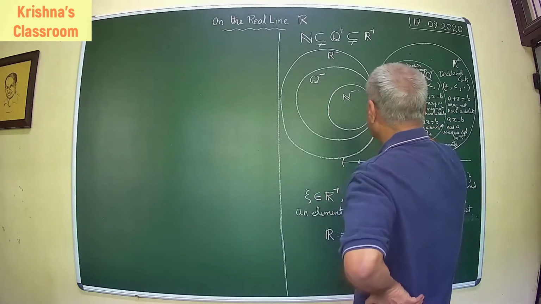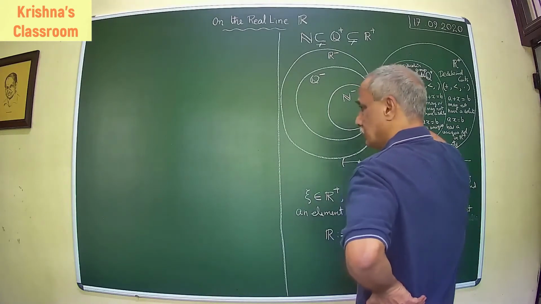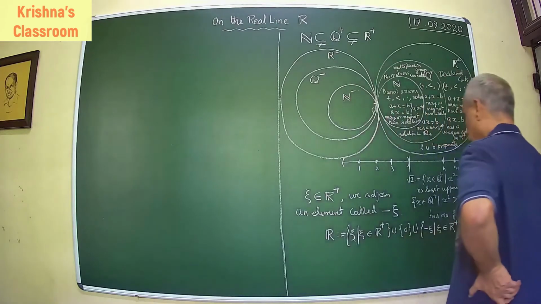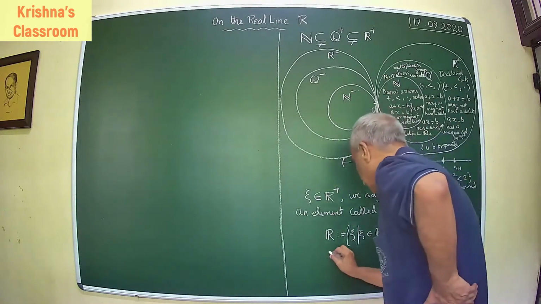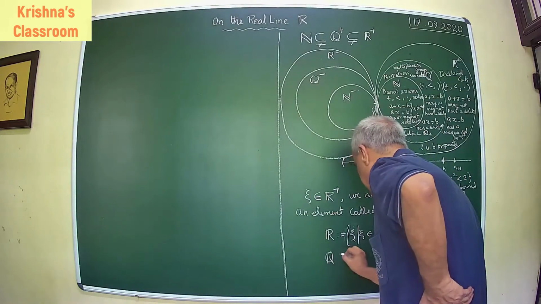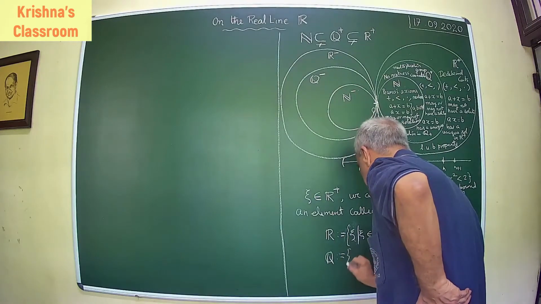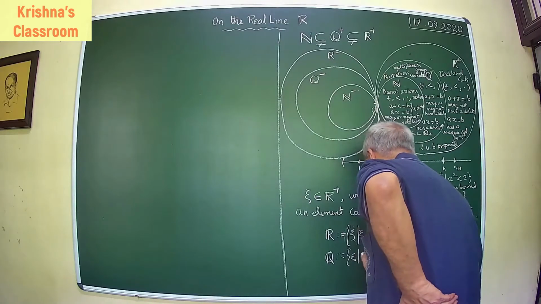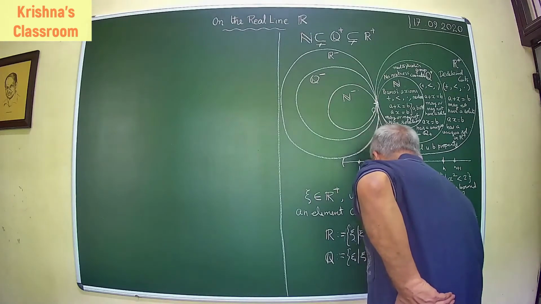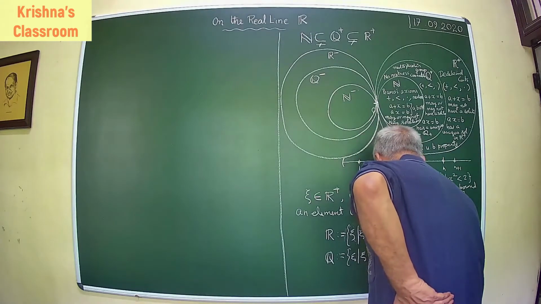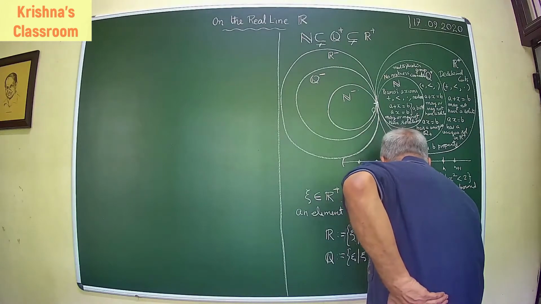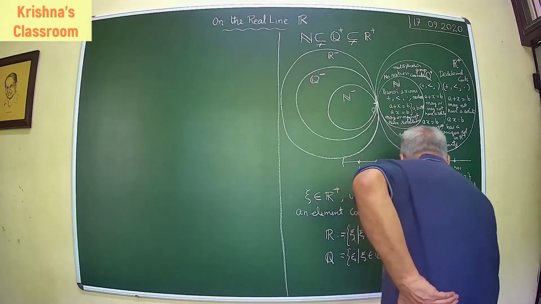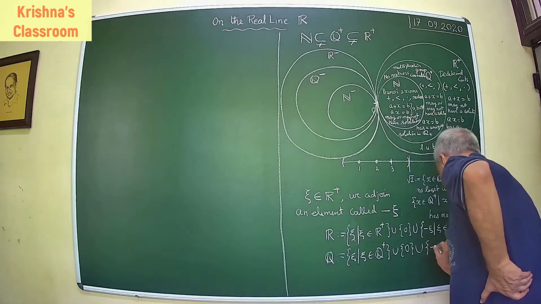Later you see that after fixing the status of 0, etc., one can show that Q is essentially the set of all psi such that psi belonging to Q plus, union 0, union minus psi.